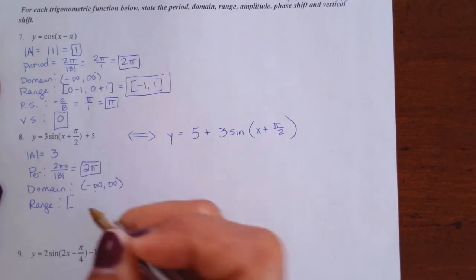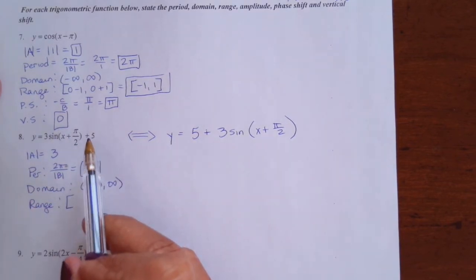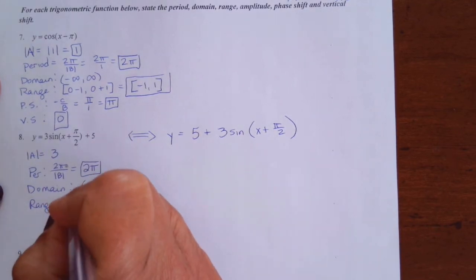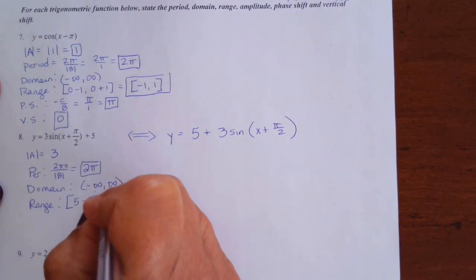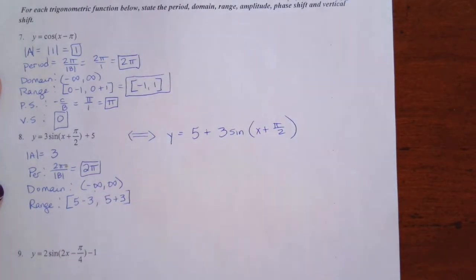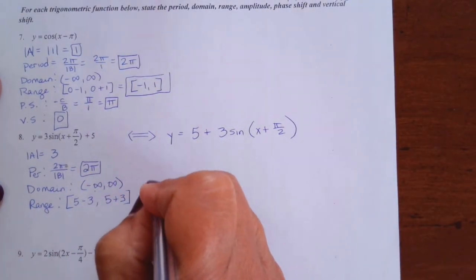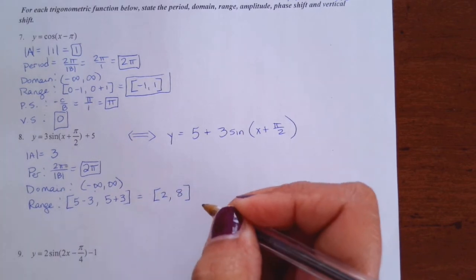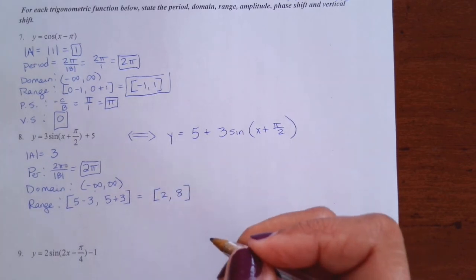All right, this time we have a D value. So we're going to go from D minus A to D plus A. So 5 minus 3 to 5 plus 3. So that's going to give me 2 to 8. Okay, so that's your range value.